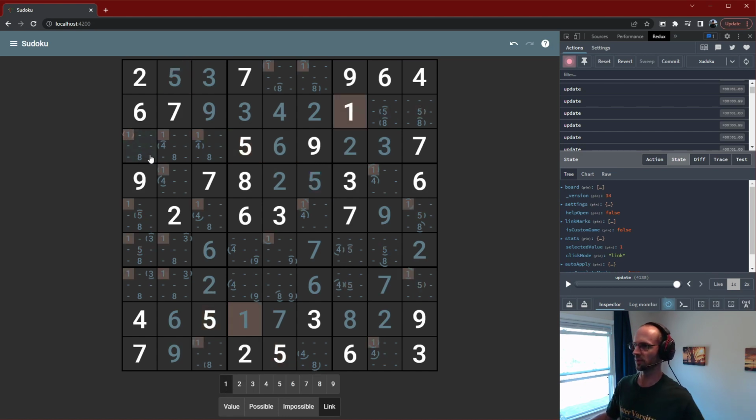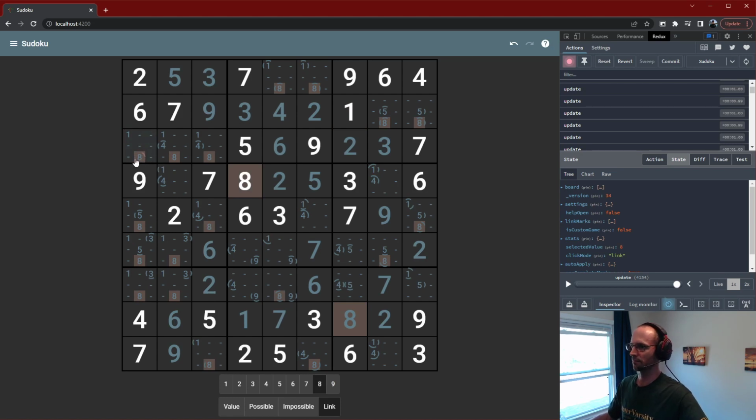Let's hope we can do something with one of these. So if that's not a 1, it's an 8. There's no strong links coming out of anywhere to help us make any conclusions. So that got us nowhere fast. What about if it's not an 8? Then it's a 1. There's also no strong links coming out of anywhere to draw any conclusions. So, okay, I guess we have to leave that alone for now.